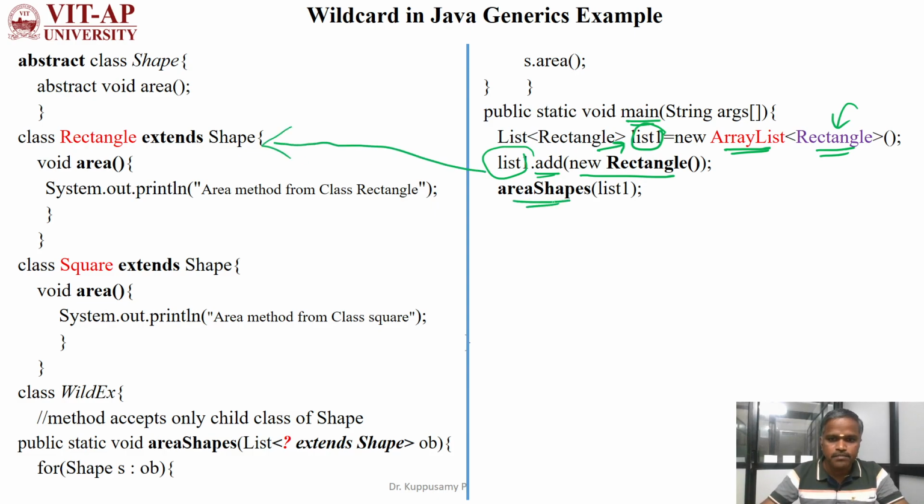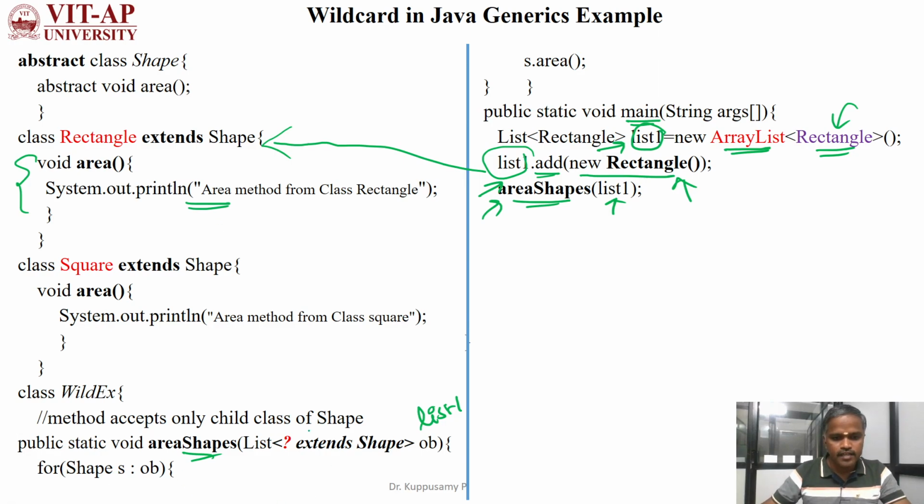Then area shapes is the method through which the value is passed. So now the content of the rectangle class is passed to this list one. Once area shapes is called, the argument value is list one. So list one has the data available inside the rectangle class.